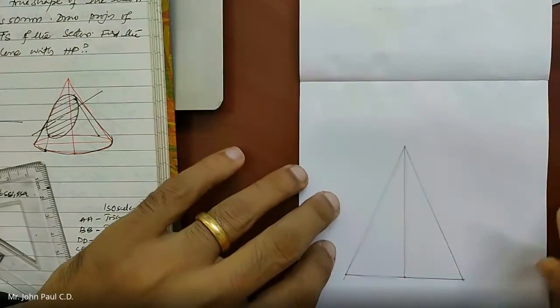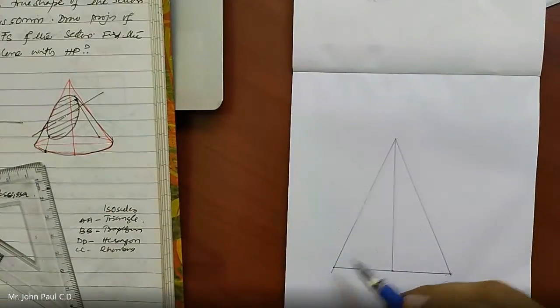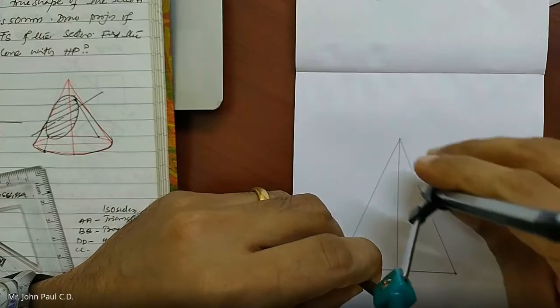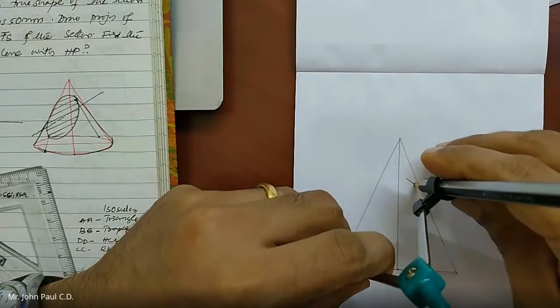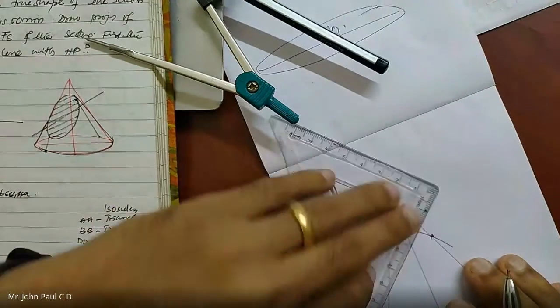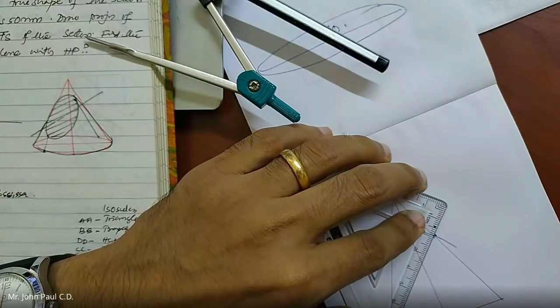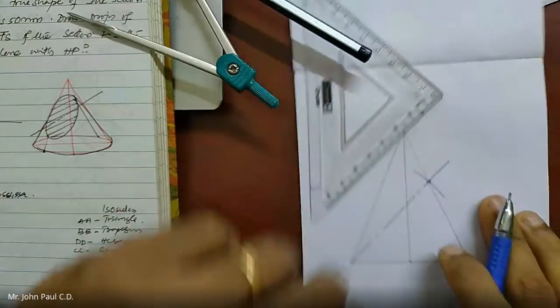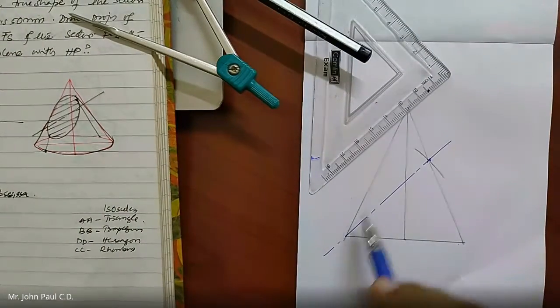Okay, so I should take 60 from here and I'll cross it here. So this is my cutting line. It's not cutting the base, only the lateral surface.